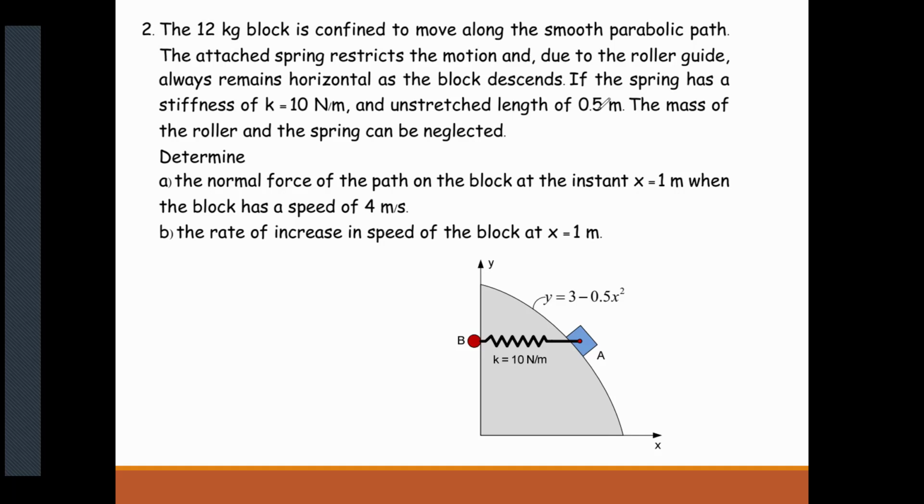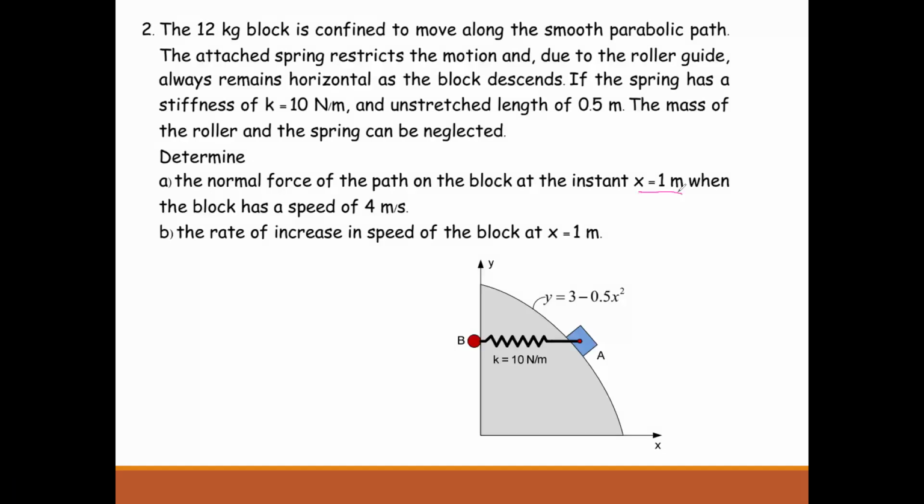We would like to determine the normal force of the path on the block at the instant when x equals 1 meter, when the block has a speed of 4 meters per second.